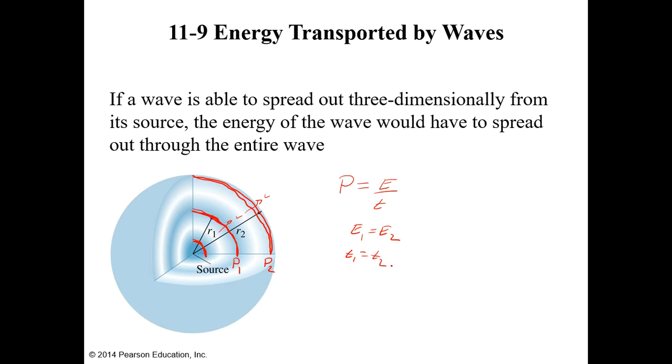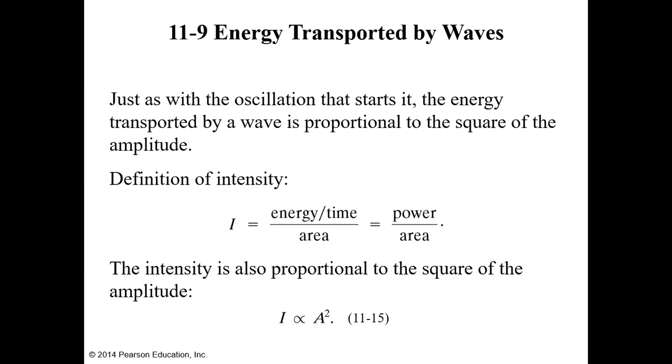Therefore, the time is the same. That means that energy divided by time, or power, is the same at both points. Now, that's an important point that will come back in a couple of slides. So the energy is constant, but it is spread out across the area.